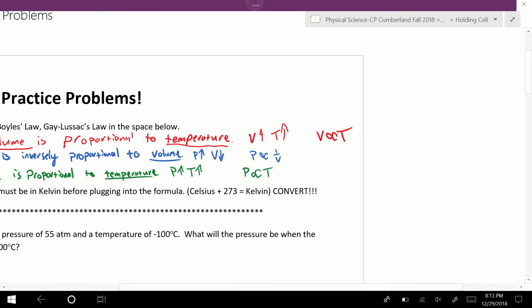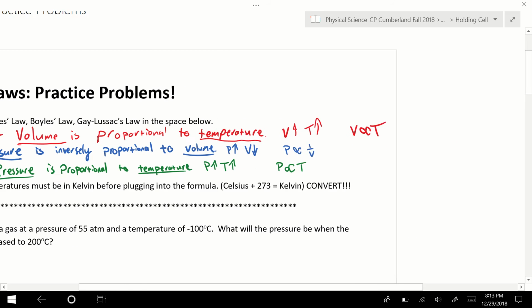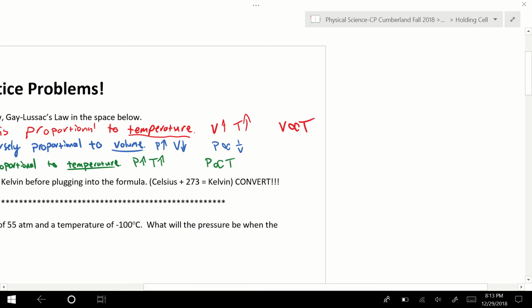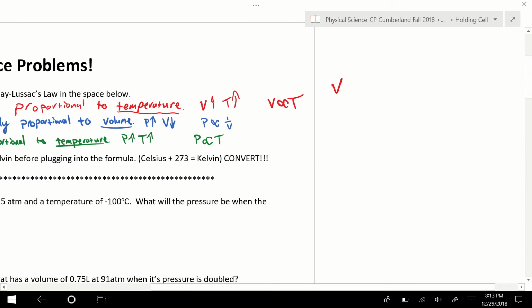So if we were to look at volume and temperature, V1, 1 stands for time 1, over T1 has to be the same as V2, volume 2, over temperature 2.